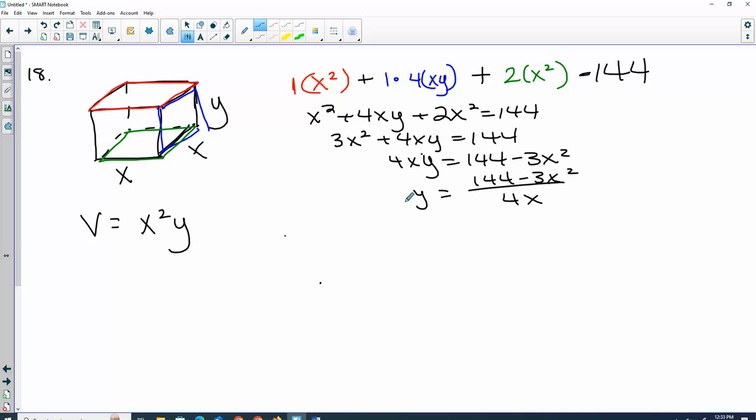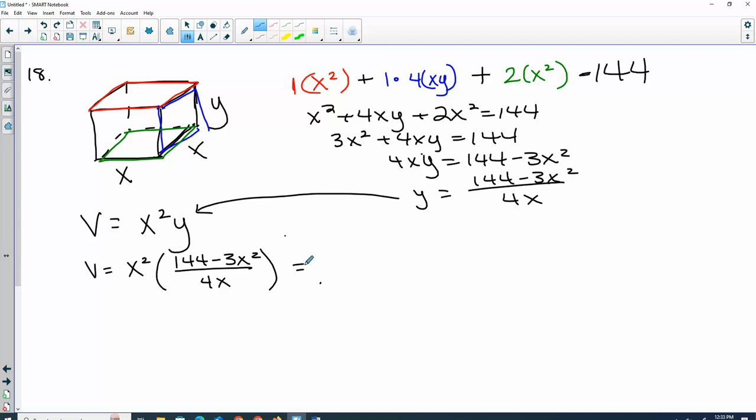Okay, I am going to replace the y in this equation. Would you guys be okay if I just distributed and broke apart my fraction? Yep. That way we don't have to do quotient rule when we get ready to do our derivative, although you certainly can.